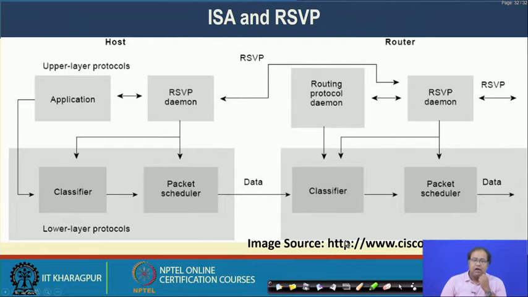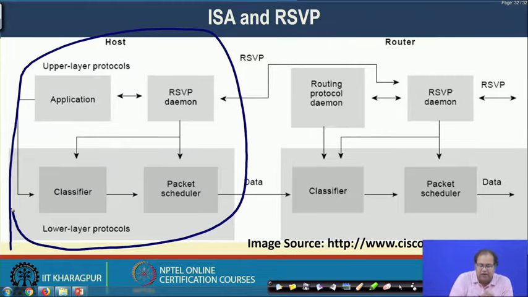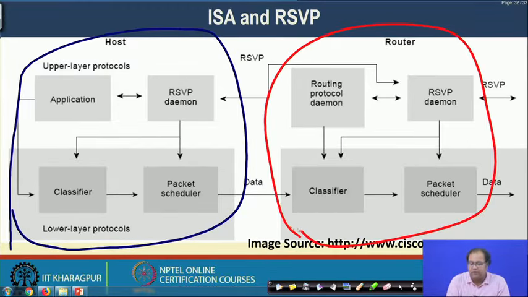So, this is the architecture for the integrated service architecture and RSVP together. We have just shown the instances of two different machines, the host machine and the router machine. The first one is the host machine, the modules which run inside the host machine, and these are the modules which run inside the router machine.